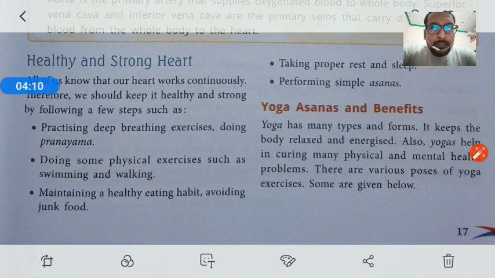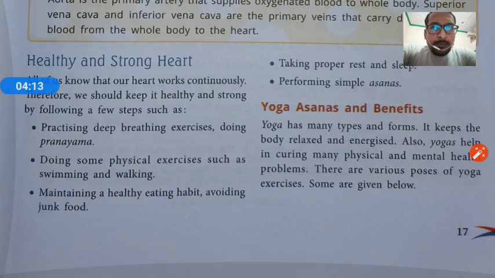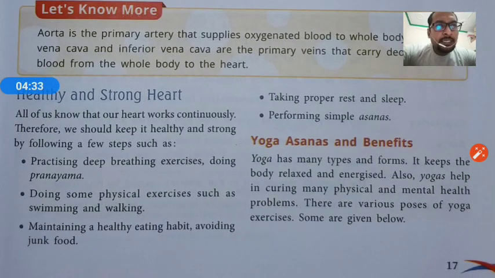These are the points to keep your heart healthy: practicing deep breathing exercise, doing pranayam, doing physical exercises such as swimming and walking, maintaining healthy habits, avoiding junk food, taking proper rest and sleep, performing simple asanas. So these are the points covering your answer number 6.